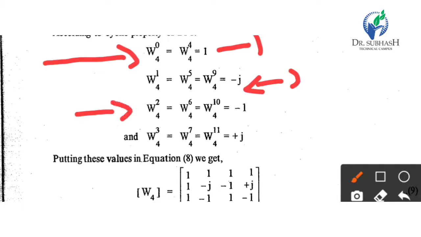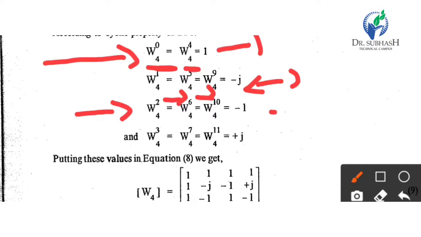In a similar way, W4 raised to 2, by the cyclic property, here the suffix is 4, N equal to 4, so after 4 it will repeat. So W4 raised to 2, then 2 after 4 is 6, 6 after 4 is 10. So all the values are minus 1.